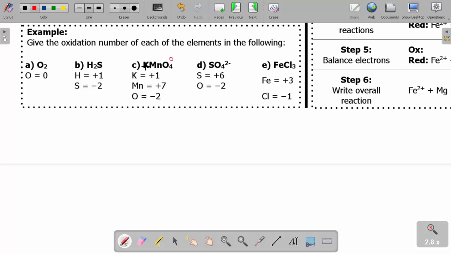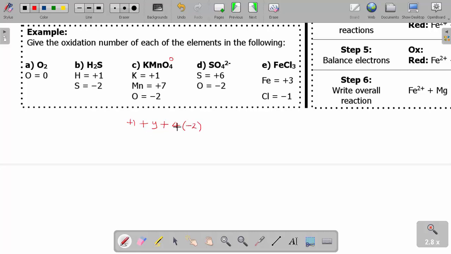So the one for potassium is +1 because it is in group 1. And then the one for manganese, I said let it be Y. And then the one for oxygen, it is -2, but how many are there here? There are 4 of them, so it's going to be 4, open brackets, then -2.